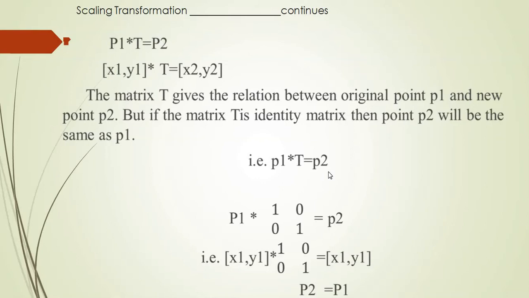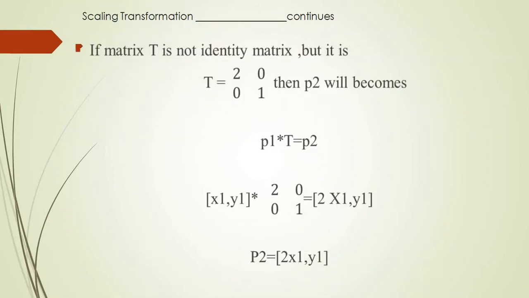By using this matrix we can change the size of our object, that is, we can change the width and height. We can change only the height keeping the width constant, and we can change only the width keeping the height constant.